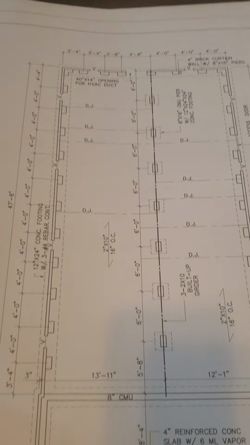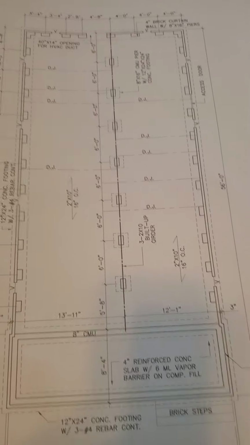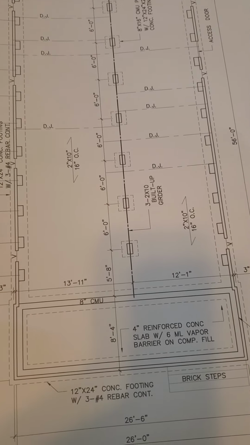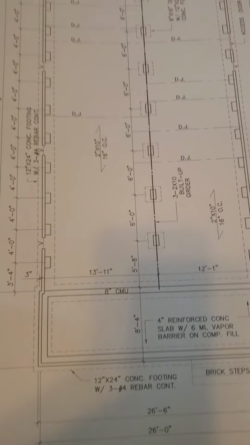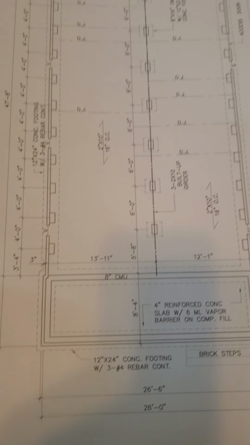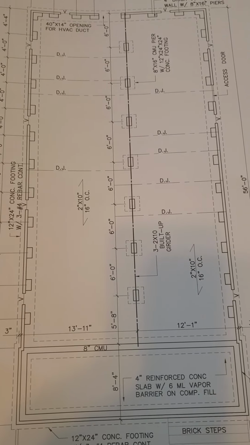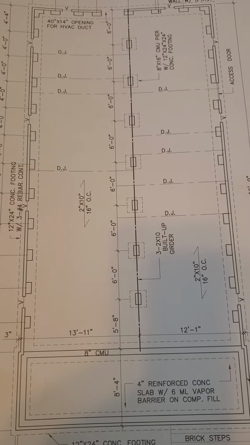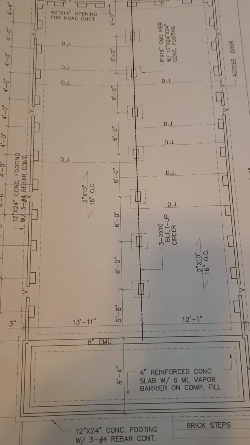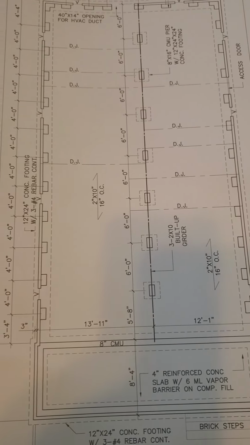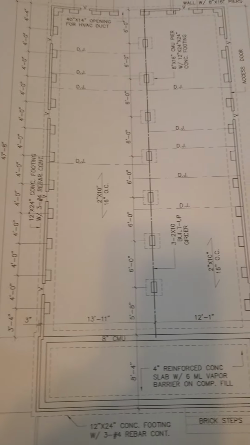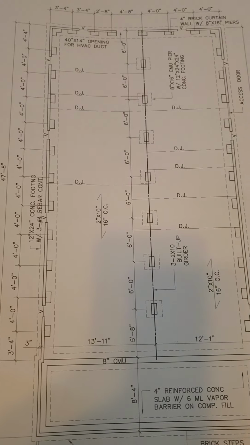Just like in our practice project, we are going to give each footing and brick and CMU portion a different color. So you should have a total of 7 footings. And then you should have a total of 7 pier footings as well.